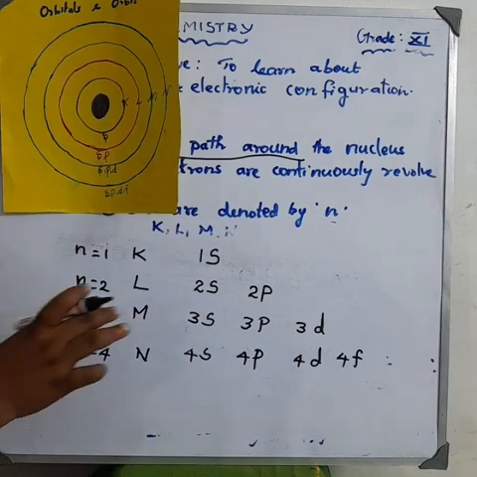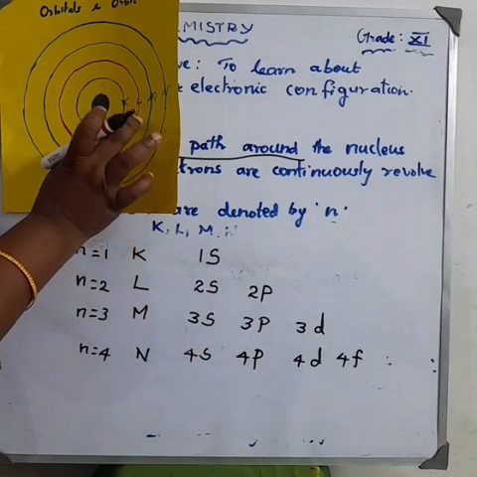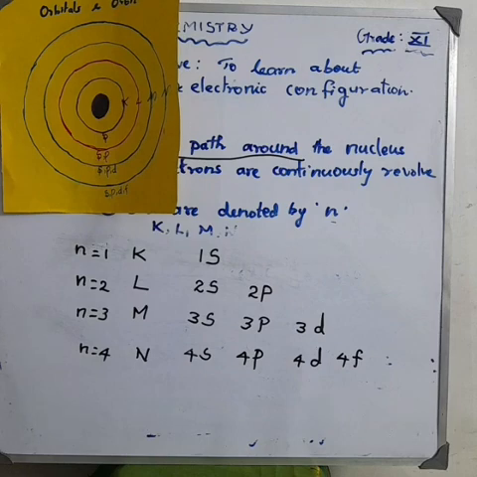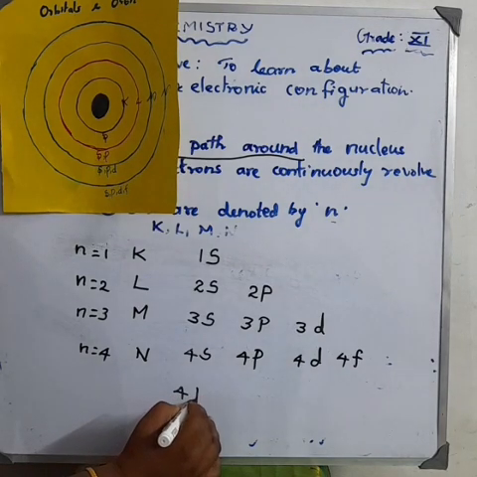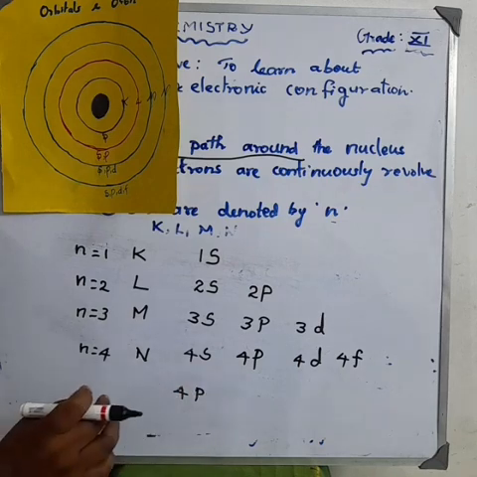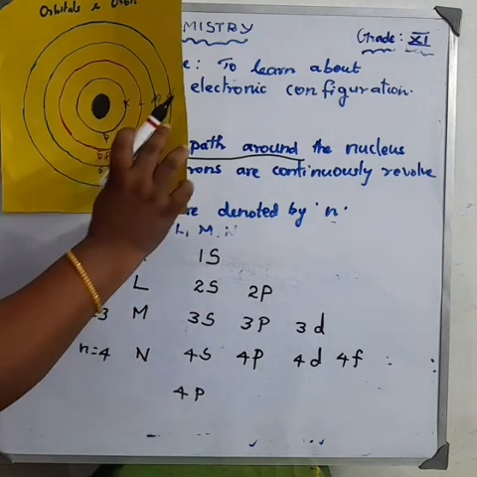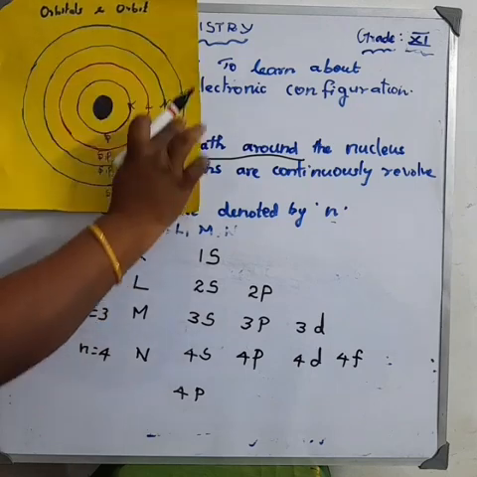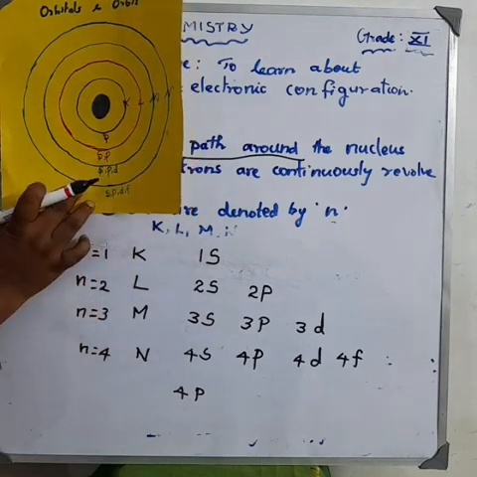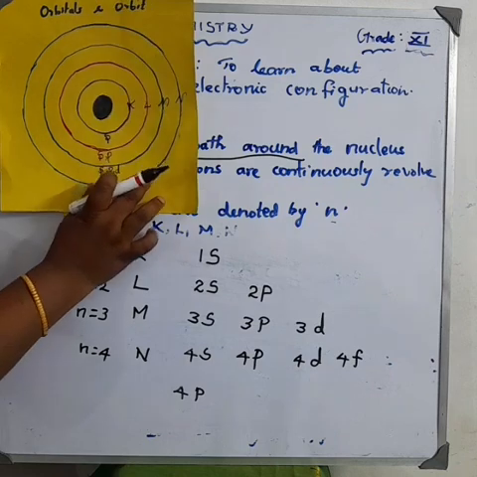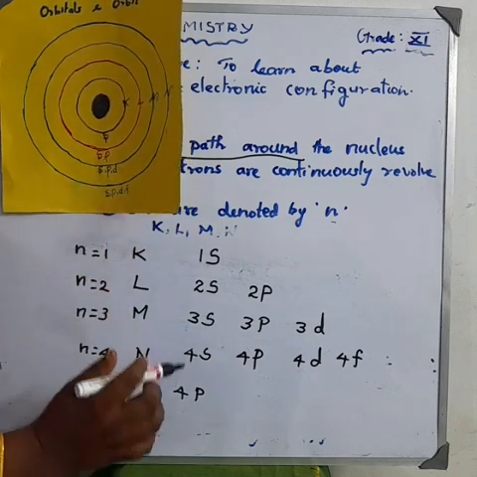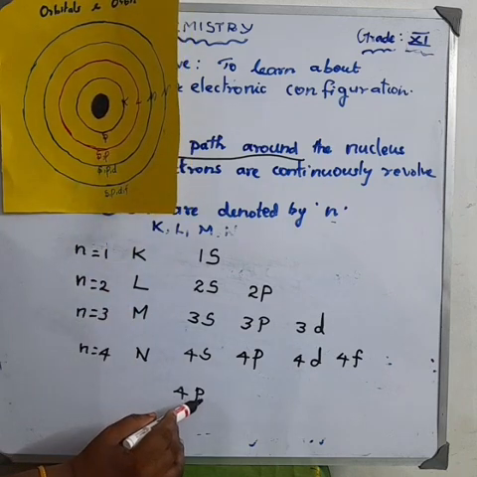Okay, this was the arrangement of electrons around the nucleus. Understand? For example, 4p means the electrons are present in the 4th orbit, and which orbital?